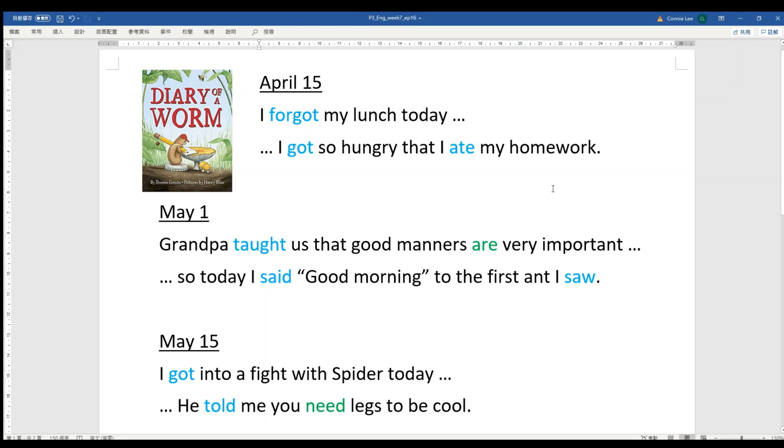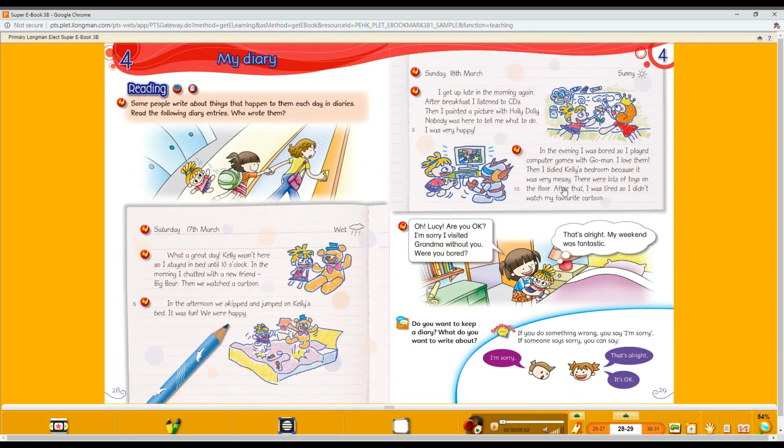And now we will look at our textbook to see if there are any differences between Diary of a Worm and the diary of the doll called Lucy. Please refer to Chapter 4, My Diary. That is on your textbook, page 28 and 29.